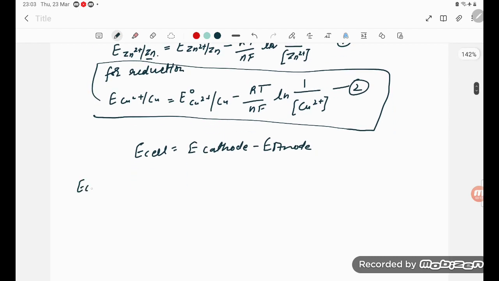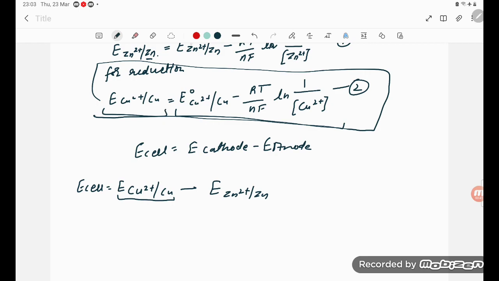Here E cell is equal to E cathode, or you can write E Cu2+/Cu minus E anode, which is Zn2+/Zn. So what is the value of E Cu2+/Cu? This value you need to write.